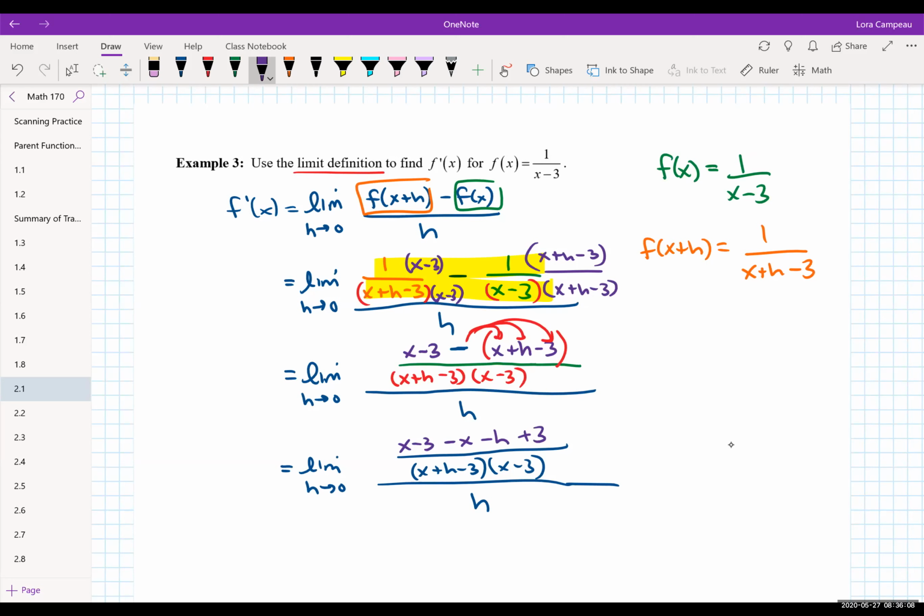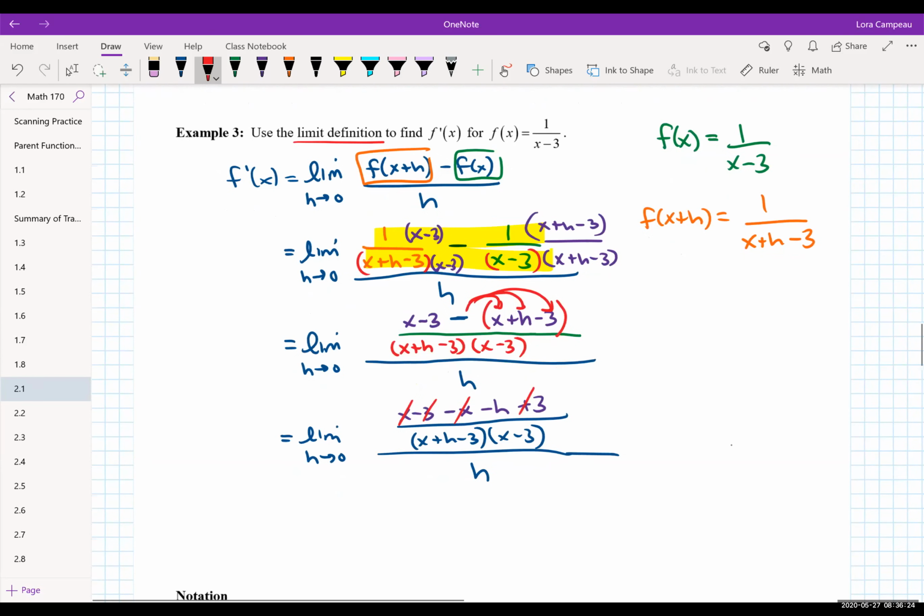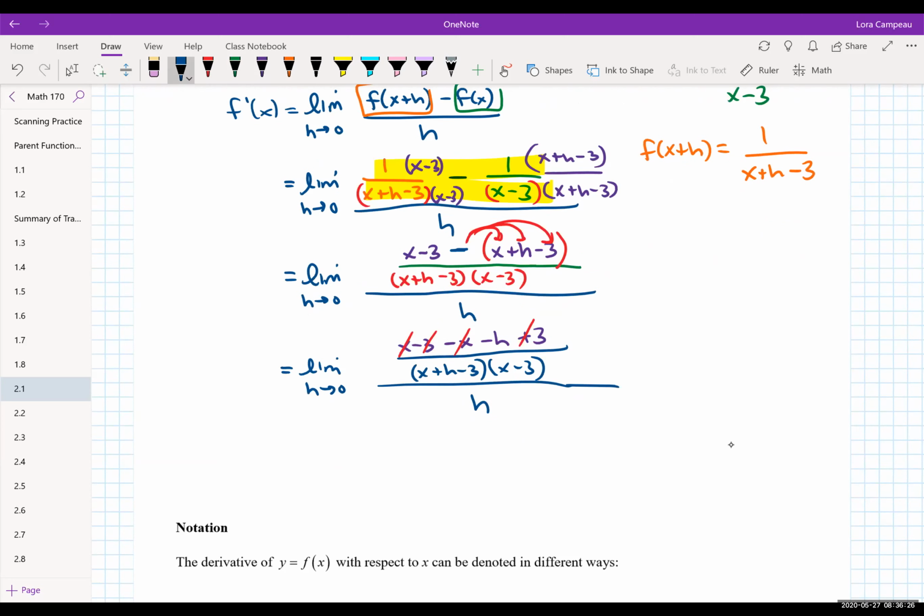And this is looking promising. Looking at that numerator, I can tell that I can cancel out some of these terms: x minus x, negative 3 plus 3. And now we're getting to be in good shape. I have the limit as h approaches 0. I've got to be a little careful when we're going through these complex fractions.